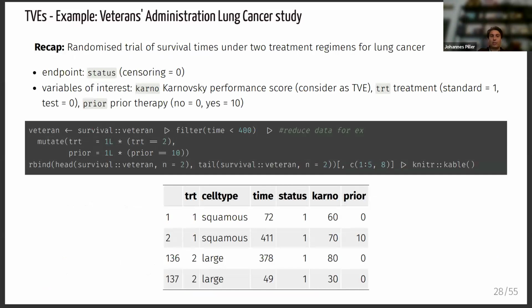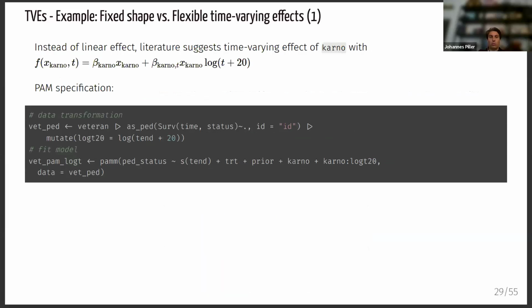And for that, as I already told you, we revisit this Karnofsky performance score example. But now what we do differently is we model this Karnofsky performance score as a time varying effect, but treatment and prior therapy won't be changed. We just change the Karnofsky performance score.